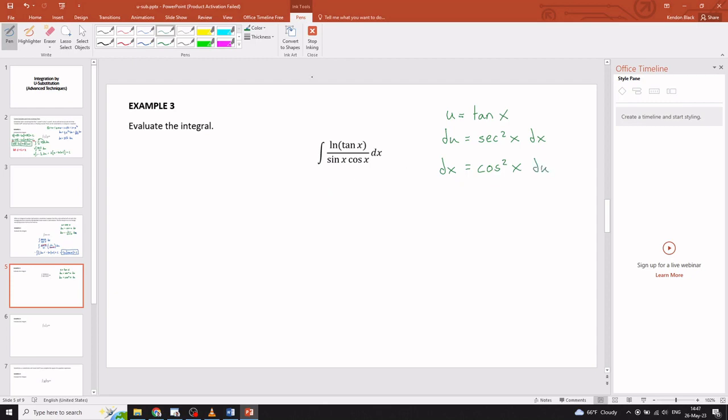So now we have the integral of ln u over sine x cos x times cosine squared x du. All right. So one of these cosines will cancel.